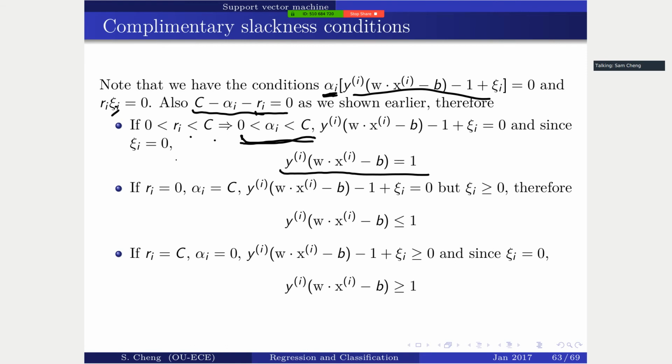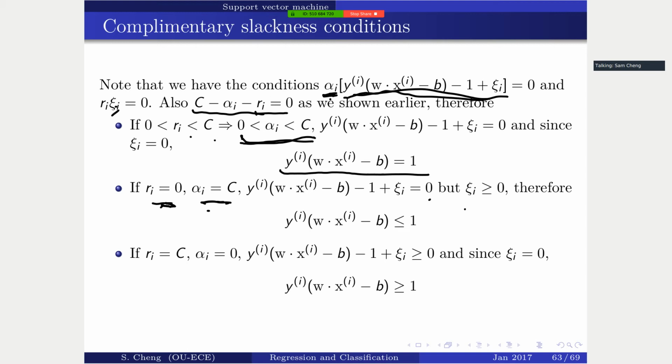And if I have Ri equal to 0 and alpha I equal to C, then from here alpha I equal to C. And then again, because alpha I is non-zero, this guy is equal to 0. But Ci now can be bigger than or equal to 0, right?